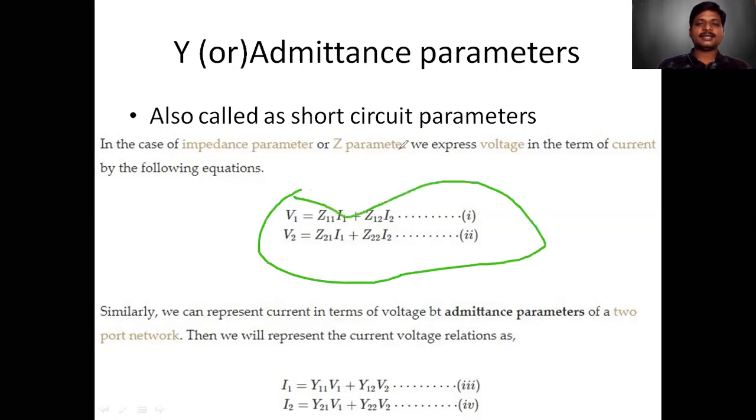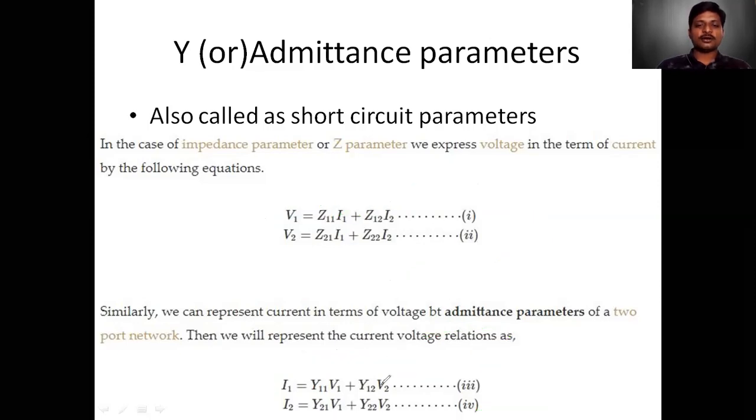But here, in order to find admittance parameters, you have to express currents in terms of voltages and admittances like this. These equations are called characteristic equations of admittance parameters or Y parameters. Also, you can call them short circuit parameters.